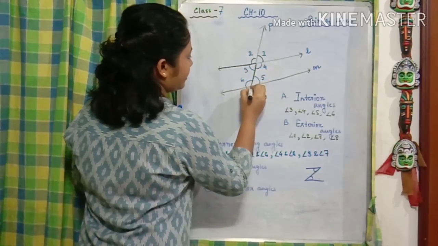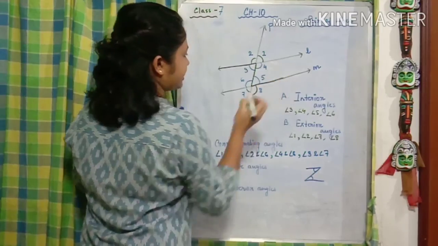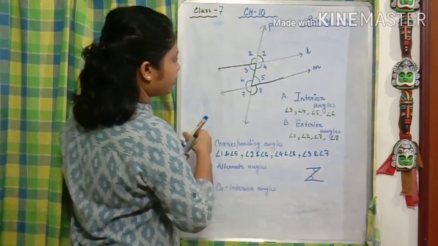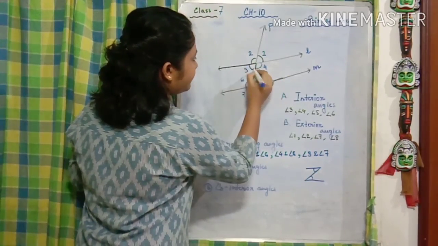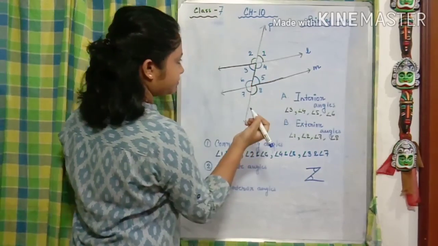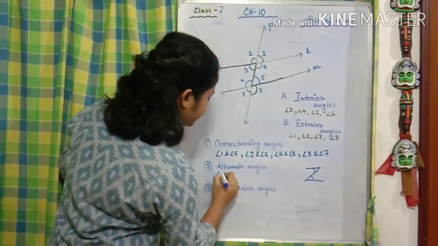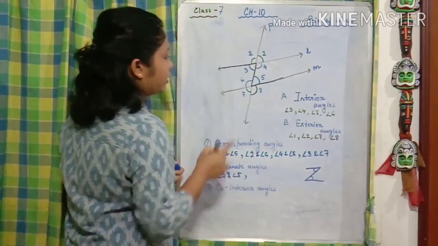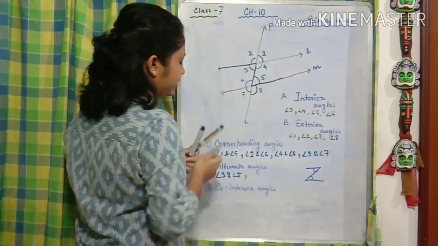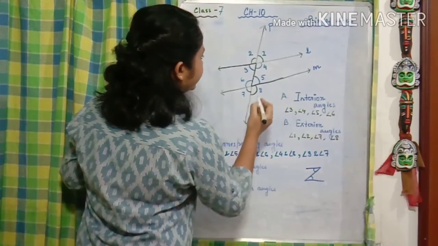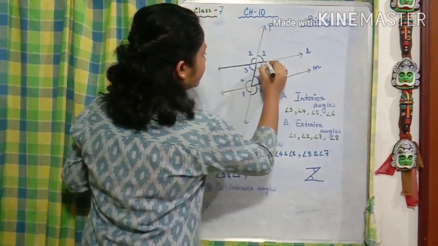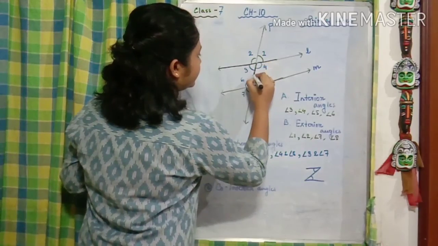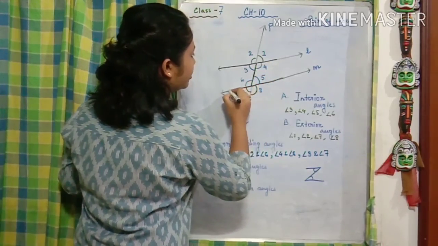So from here we can understand 1 Z, okay. So this is 1 Z. From there we are going to find out angle 3, angle 5. Understand? So angle 3 and angle 5 is one pair of alternate angle. Another one is this Z, okay.